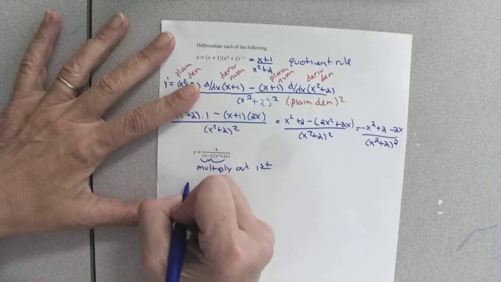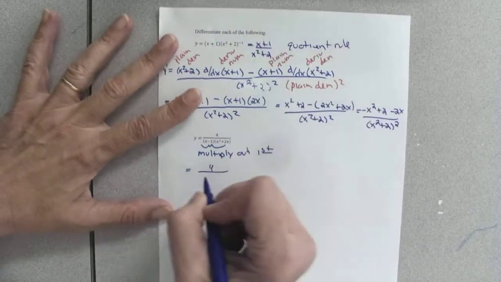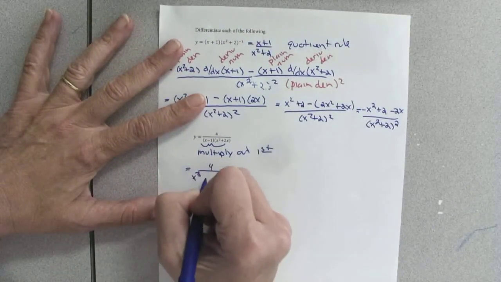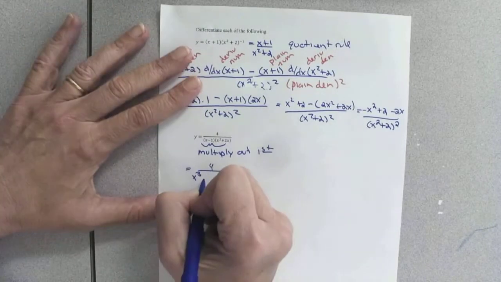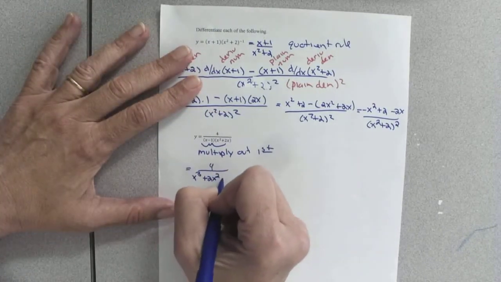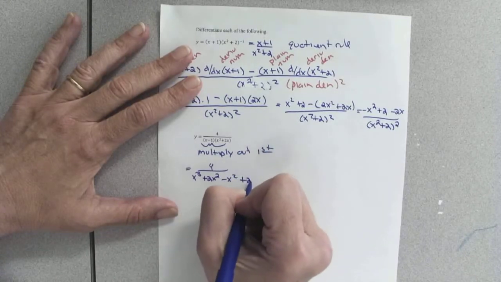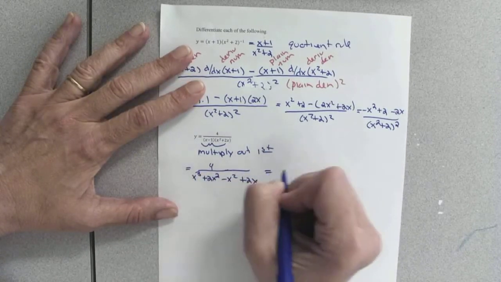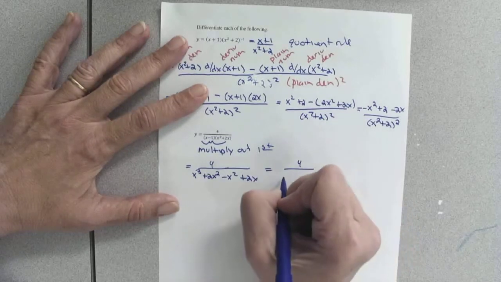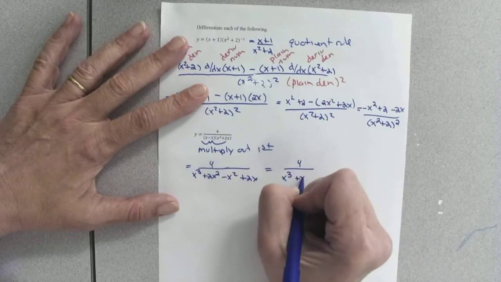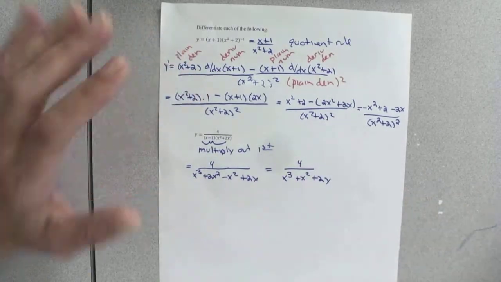So multiplying this out, just foiling that out, that's going to be x cubed plus 2x squared, minus x squared, minus 2x, just foiling out that denominator. And that's 4 over x cubed plus x squared minus 2x.